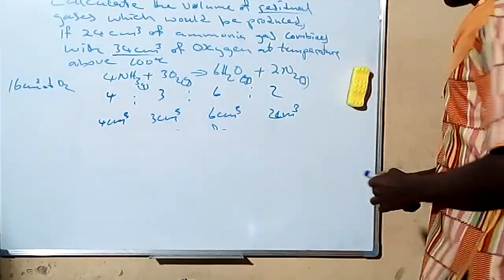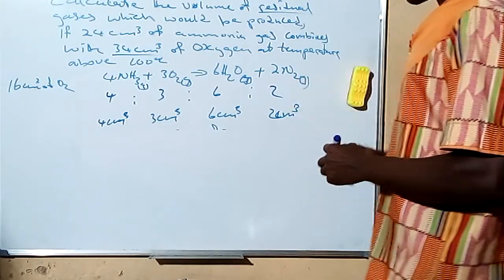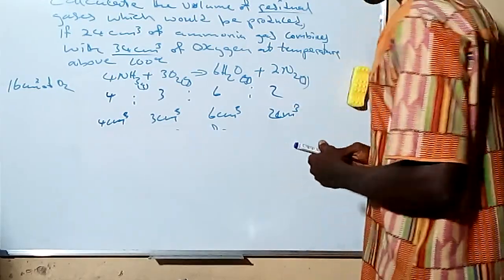So let's see the volume of water vapor that will be produced when ammonia combines with oxygen.